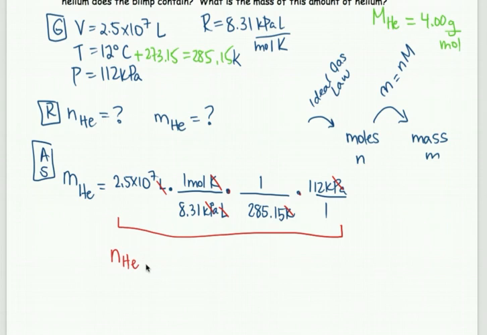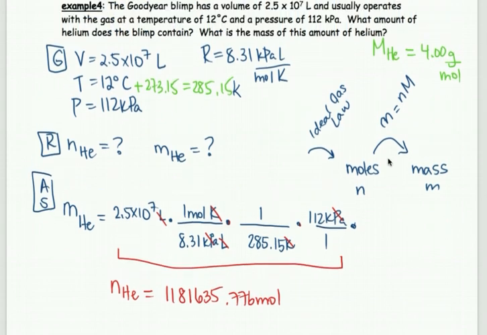Okay, that ends up with this many moles. But we're going to keep going here with the mass unit analysis calculation. That part there is just the moles, but we want to get to mass in grams, so we're going to use our molar mass of helium.